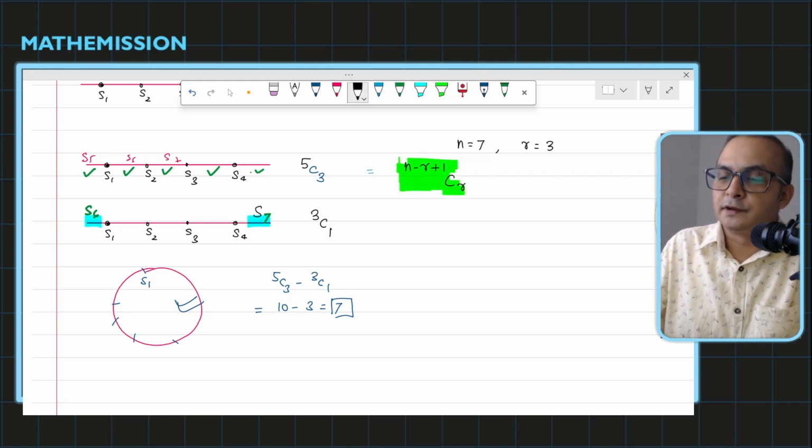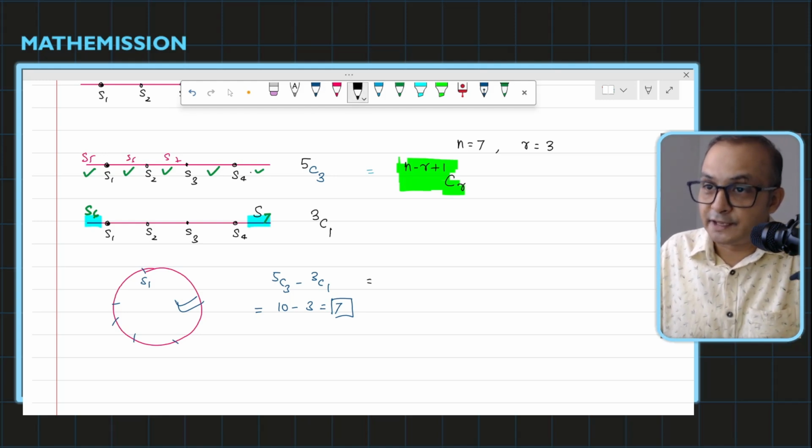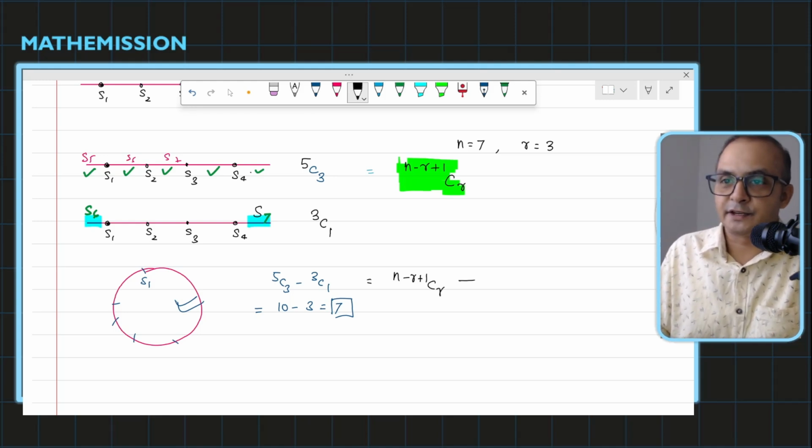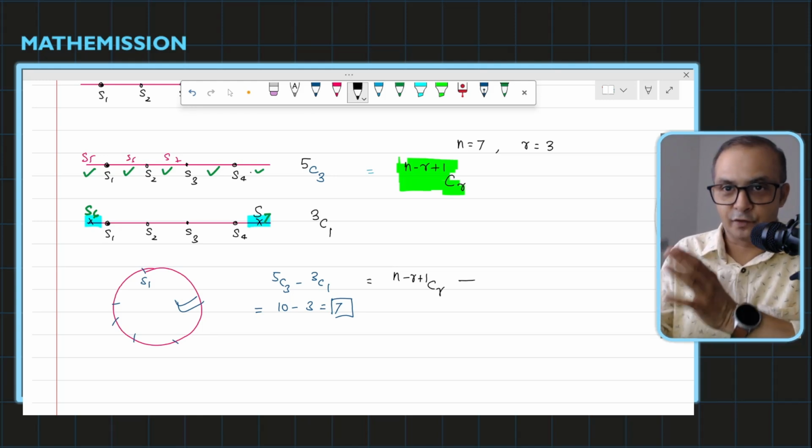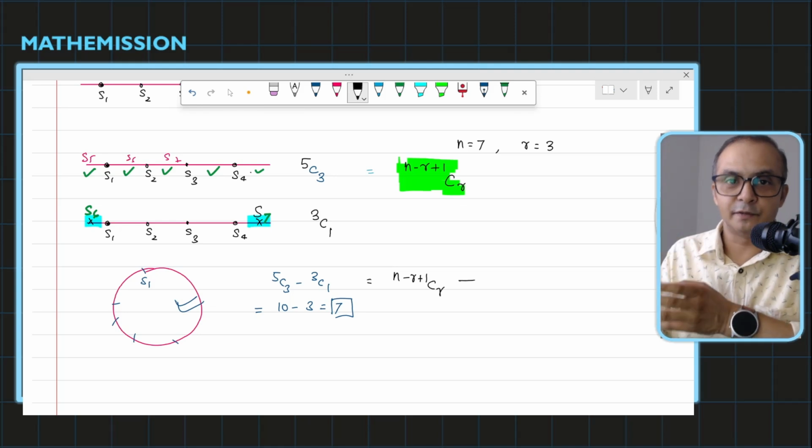But for the circular version, what we are going to do is, from this formula n minus r plus 1 C r, we are subtracting something else. What we are subtracting: you see that the 2 gaps we have already assigned for S6 and S7 can never be counted.